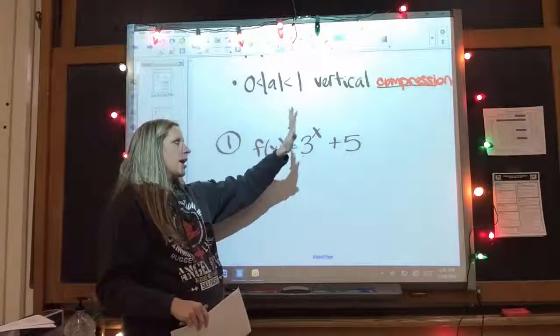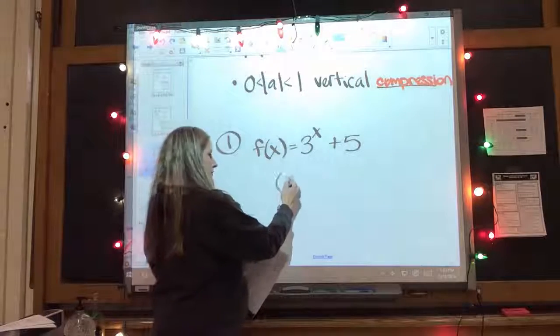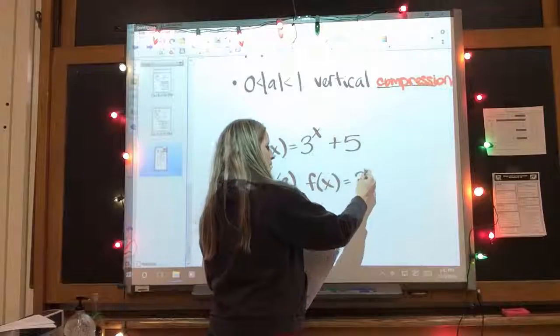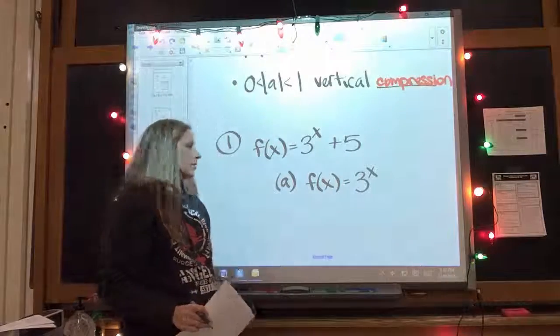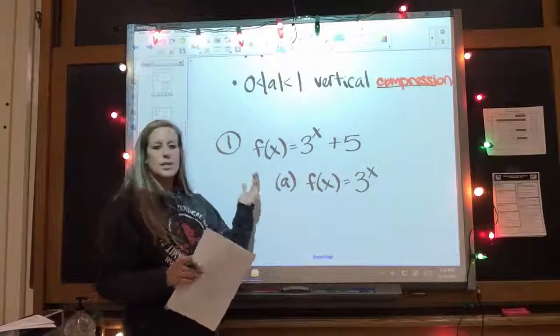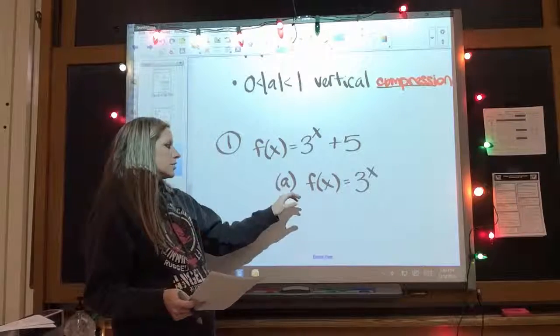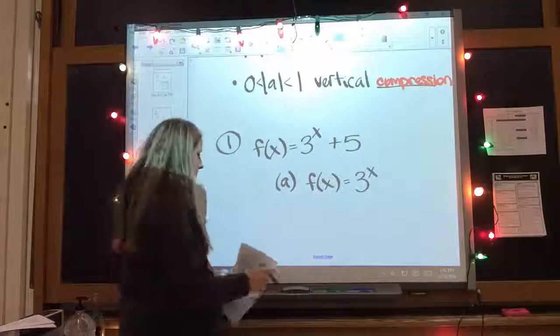It's pretty stripped down and just plain Jane 3 to the x power. You just want to make sure you have the same base. If you don't have the same base, it's going to look a lot different. And we saw that in the notes, the difference between 2 to the x power and 3 to the x power. Okay, so part A, my parent function is 3 to the x power.